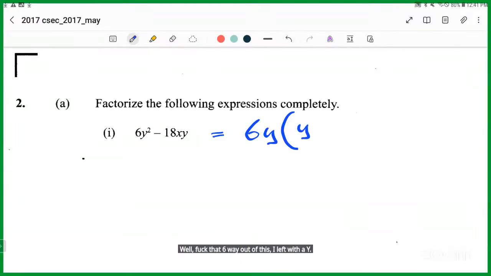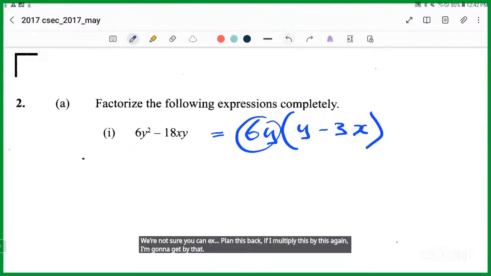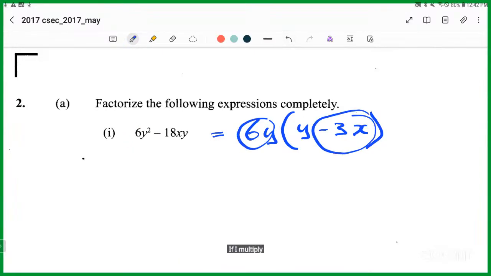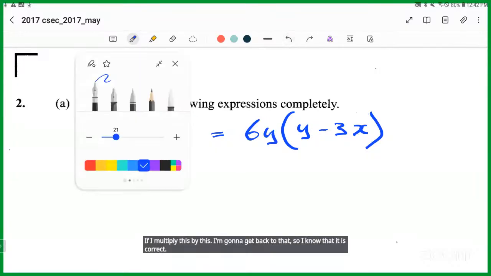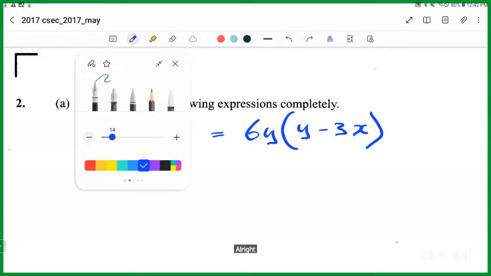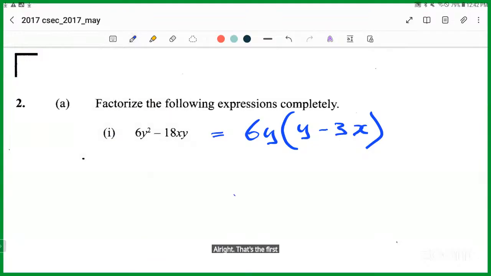If I factor 6 out of this negative 18, I'm left with a negative 3. This y is already factored out. What I have left in there is this x. If you're not sure, you can expand this back. If I multiply this by this, I'm going to get back that. So I know that it is correct. Alright, that's the first one.